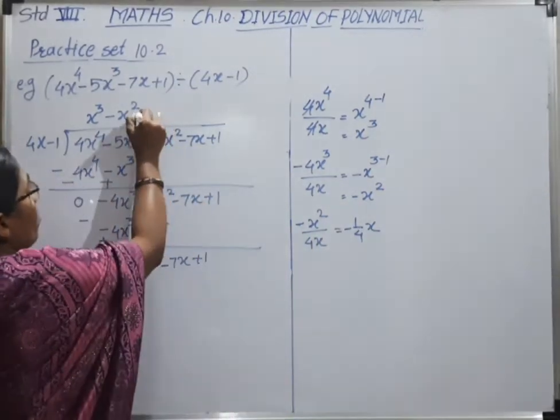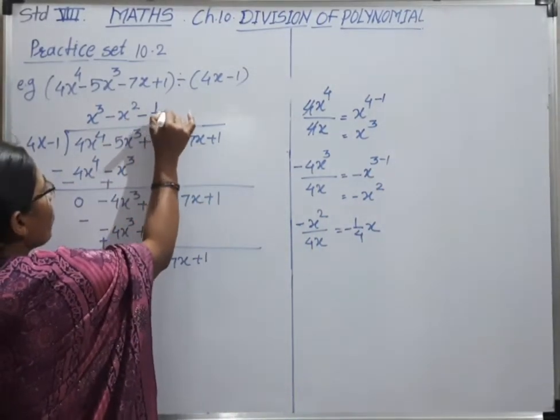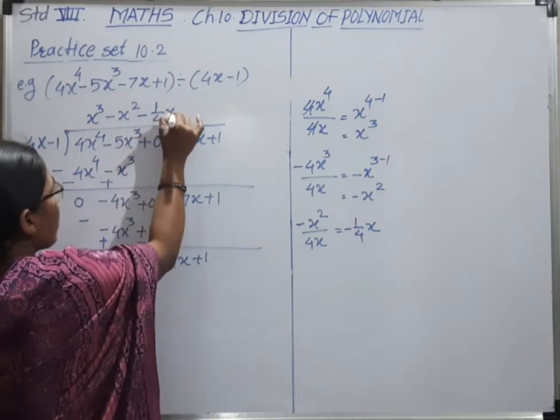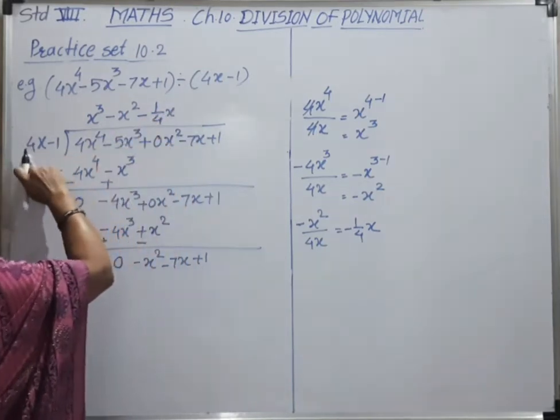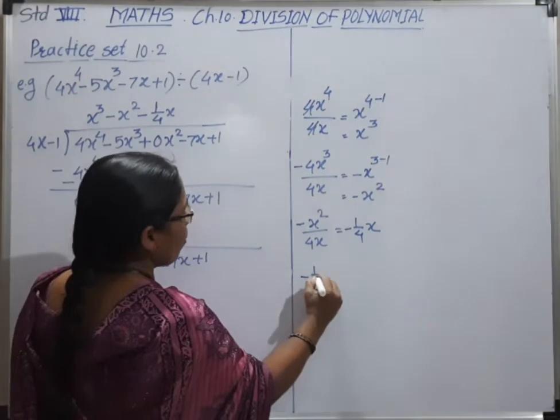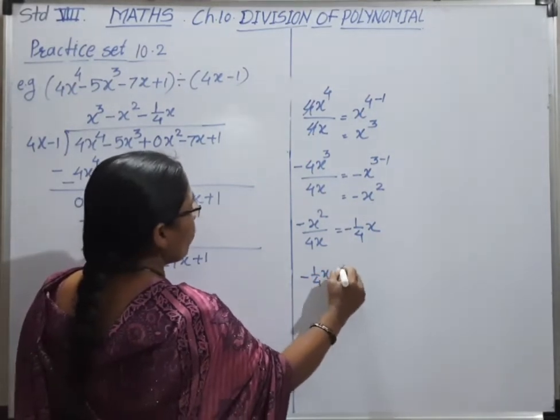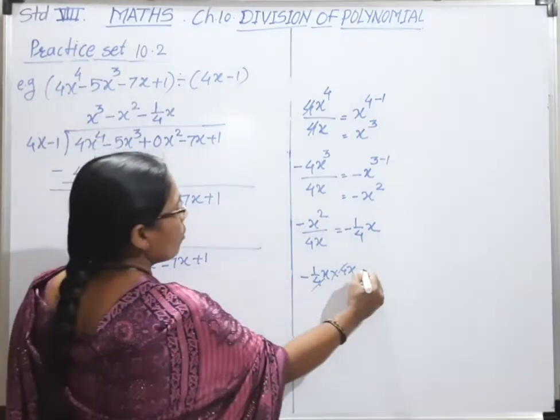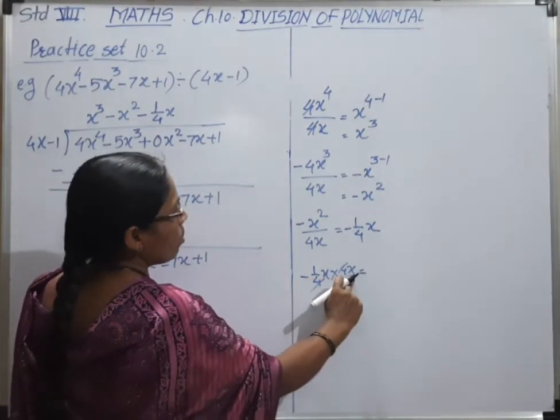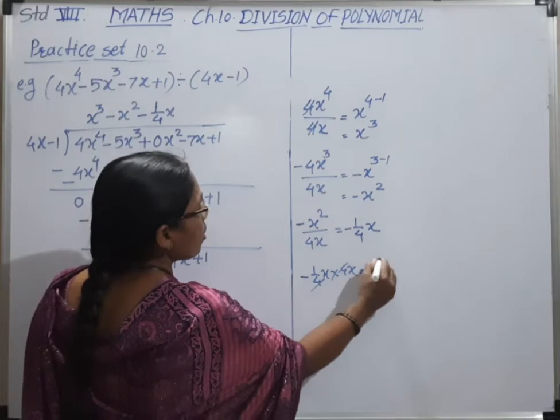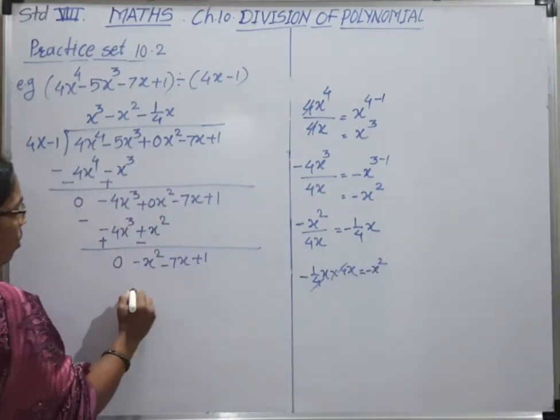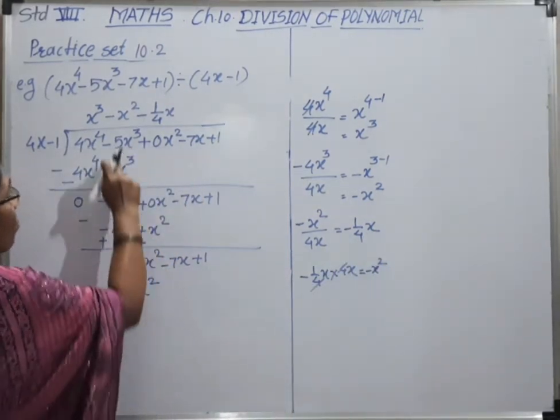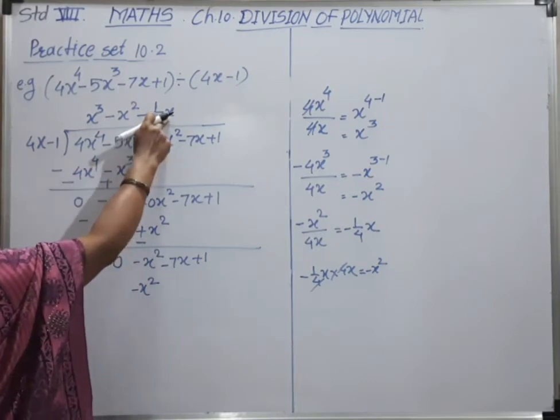So here it will come minus 1 upon 4 into x. When we multiply minus 1 upon 4x into 4x, the 4 will cancel and you get minus x into x, that is minus x square. So here I am writing minus x square, the product of these terms.